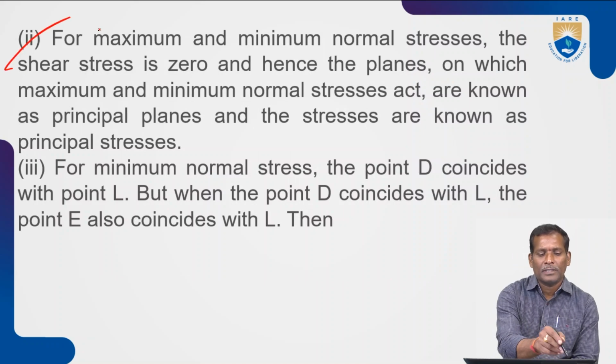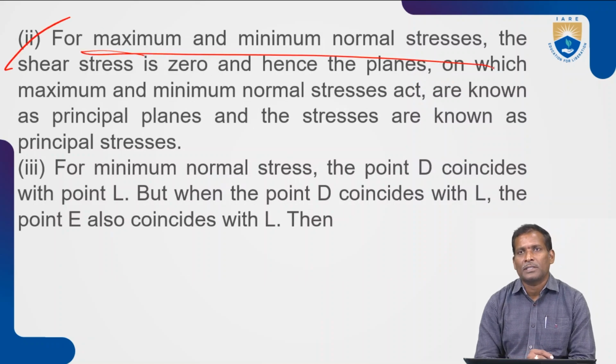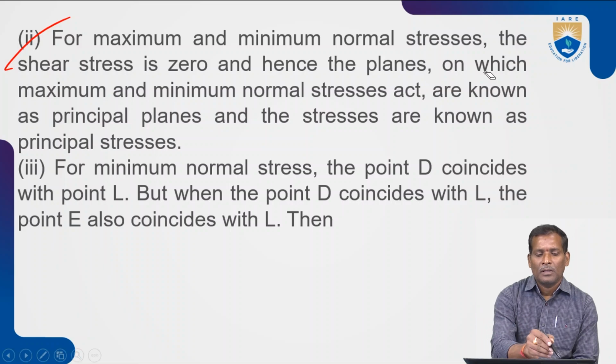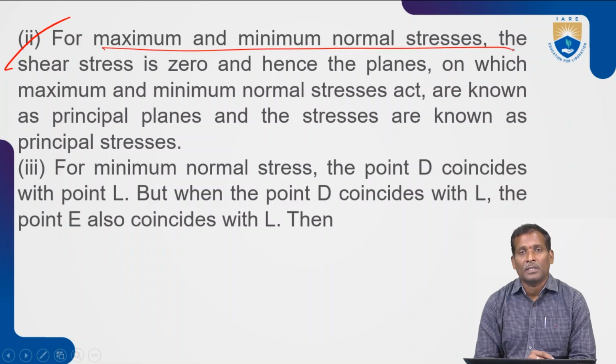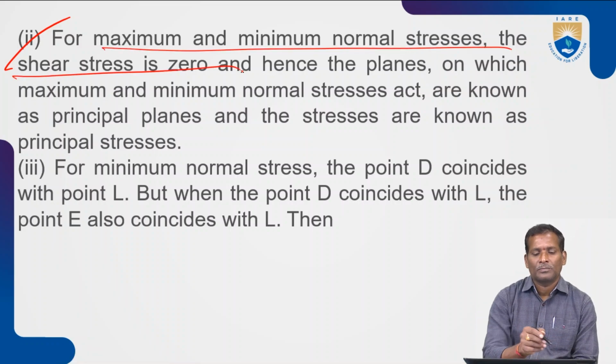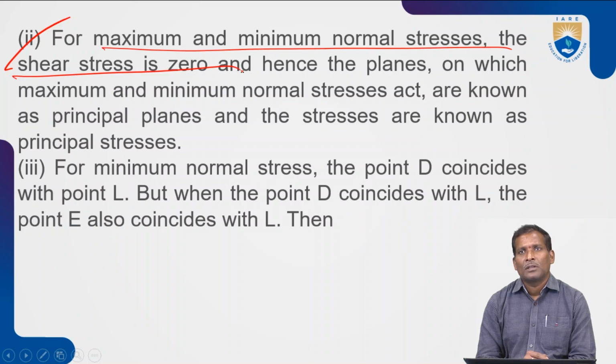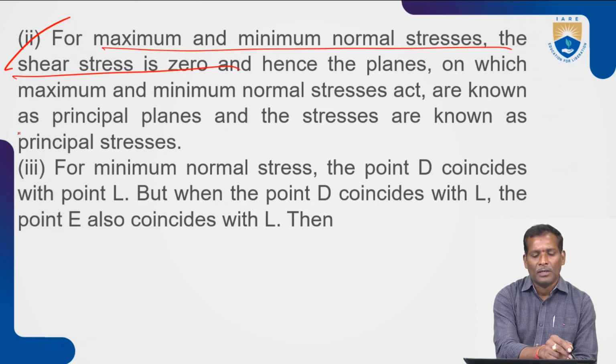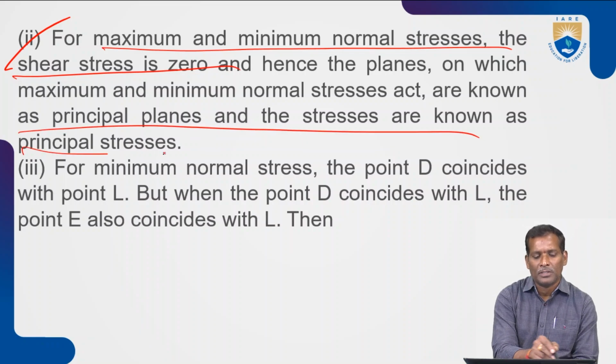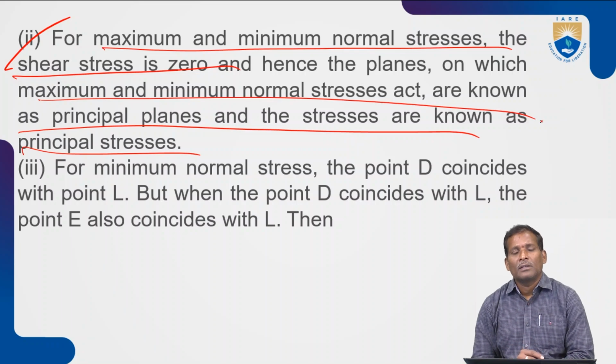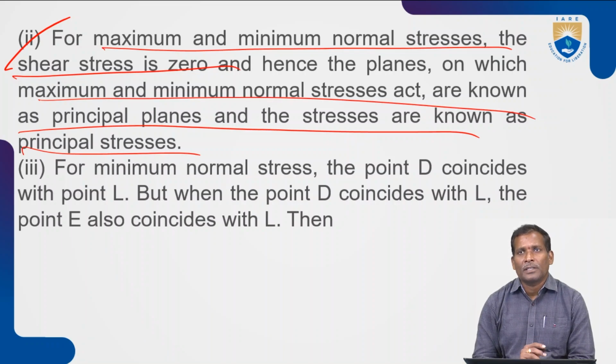So for maximum and minimum normal stresses, the shear stress is 0. Hence, the planes on which maximum and minimum normal stresses act are known as principal planes, and the stresses are known as principal stresses. In the previous session, in the introduction part, we defined it like this.